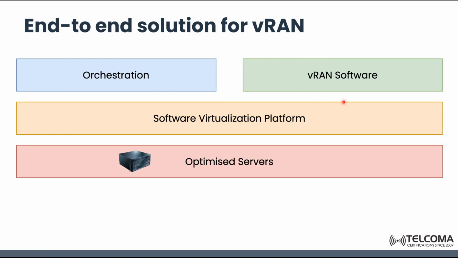But here, vRAN software is all about implementing software, because we are using cloud for everything. So all things will be done through software. Orchestration plays a role in basically coming out with a proper output through this whole setup.